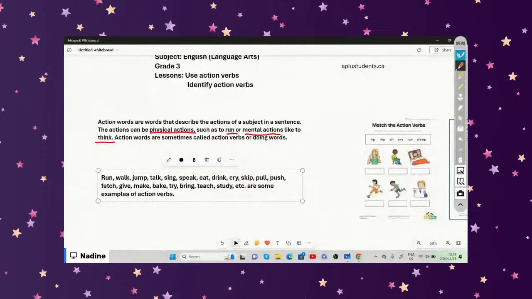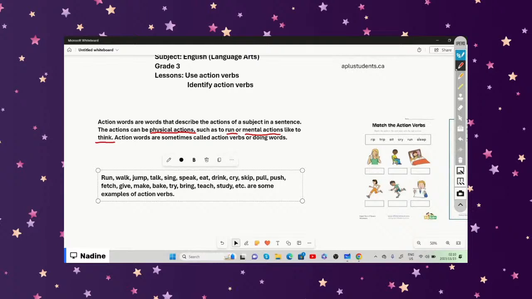And if we look at a few examples of action verbs, we have run, walk, jump, talk, sing, speak, eat, drink, cry, skip, pull or push, fetch, give, make, bake, try, bring, teach, study.